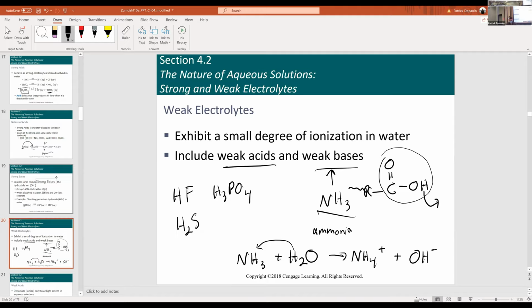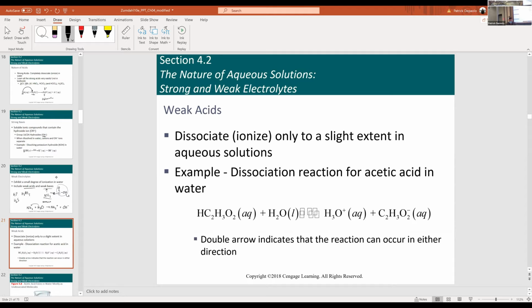All right, moving on. So weak acids, here's the dissociation of weak acids. This should be an arrow. So here's acetic acid, HC2H3O2. And it's written this way because it's good to make it apparent that the H in the front will be the one that dissociates when it becomes ionized.